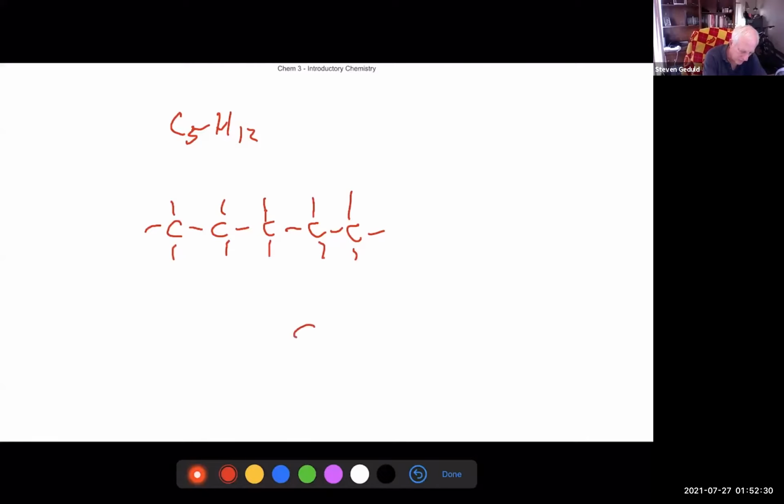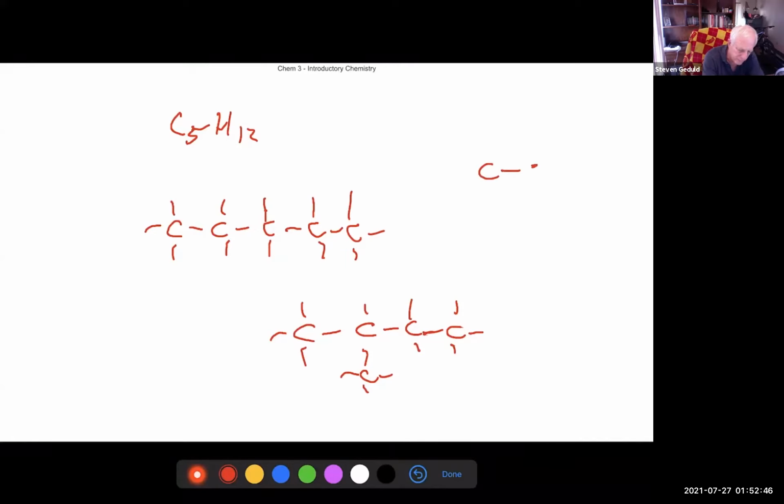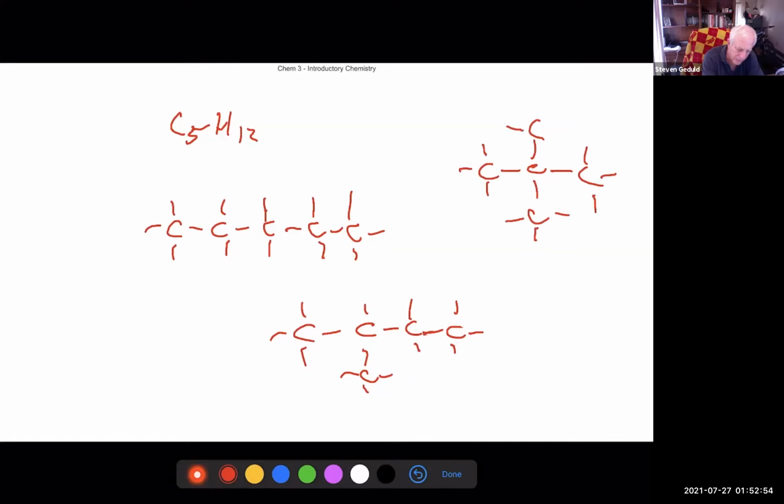That's one isomer. We could also do this. We could do a carbon like that, and give every carbon 4 and every hydrogen 1. That's also C5H12. Or we could do this, and then do our hydrogens. That's also C5H12.